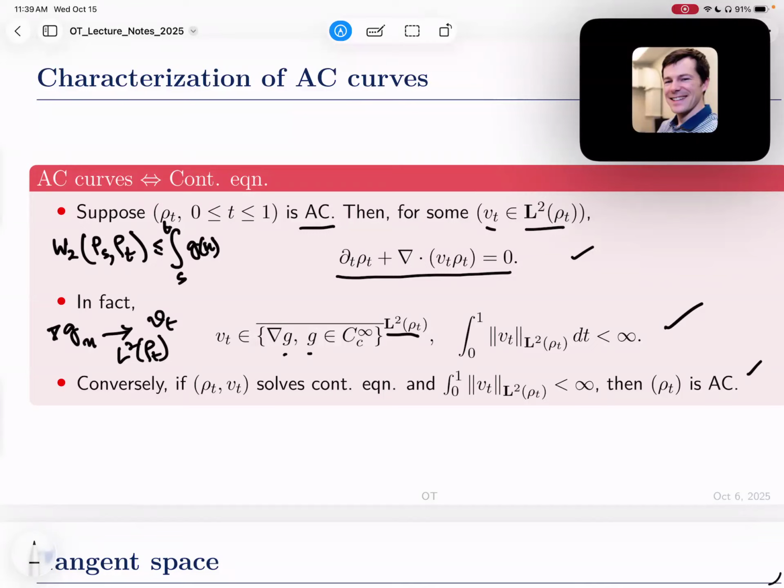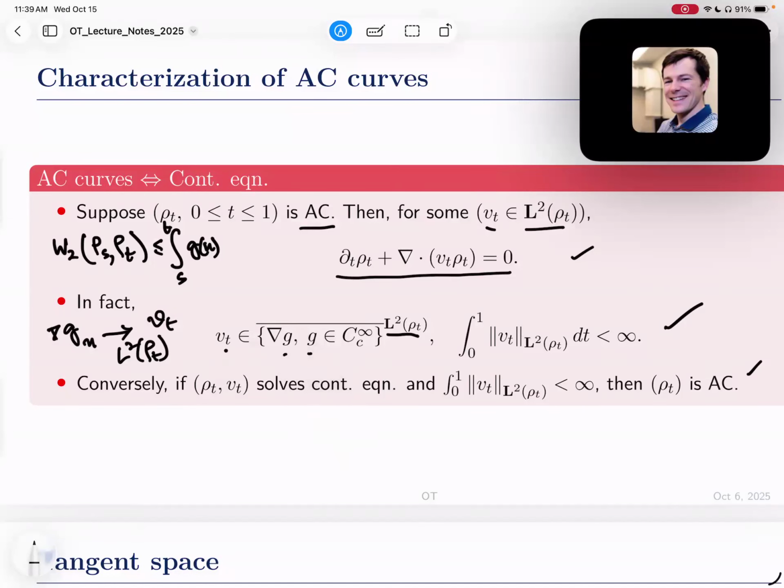Let's go over it again. If I have an absolutely continuous curve, then for some velocity field, it must satisfy the continuity equation. But the velocity field is not even arbitrary. The velocity field is actually nice. It must be almost of gradient type. What does that mean?